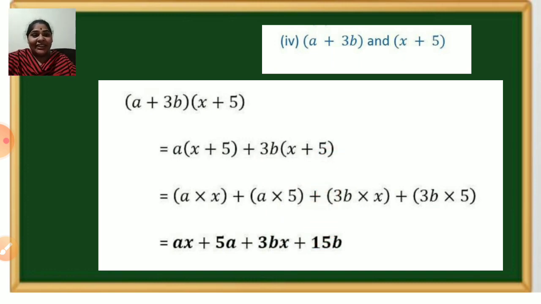So here again no need to calculate further, children, because all are unlike terms. So the final answer will be ax plus 5a plus 3bx plus 15b.